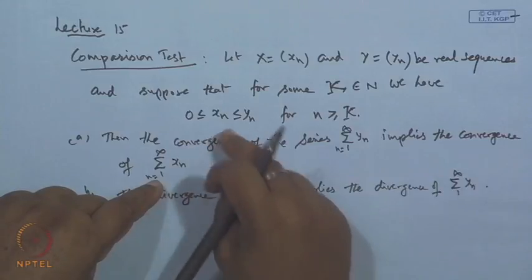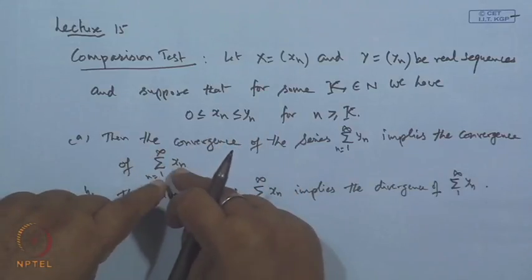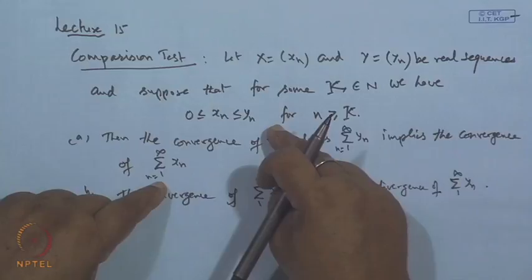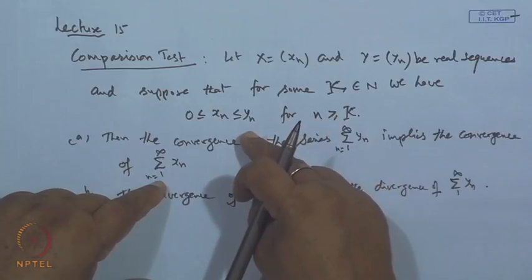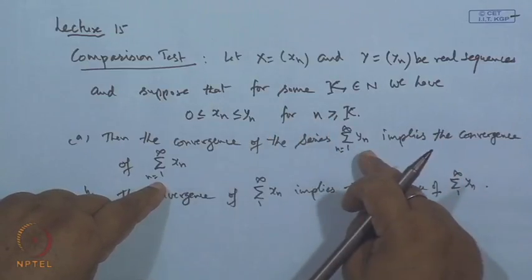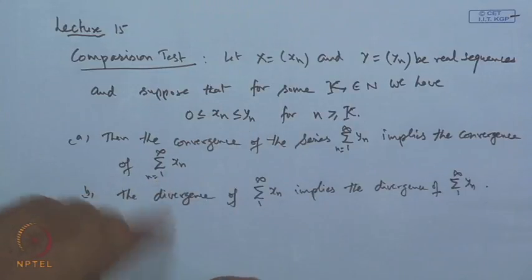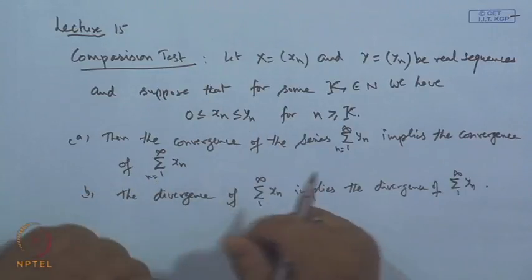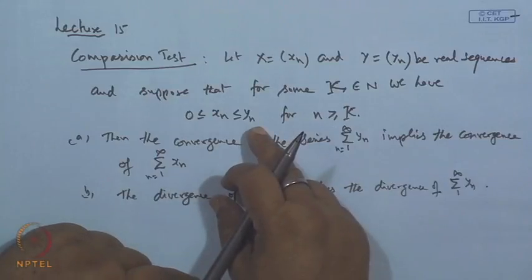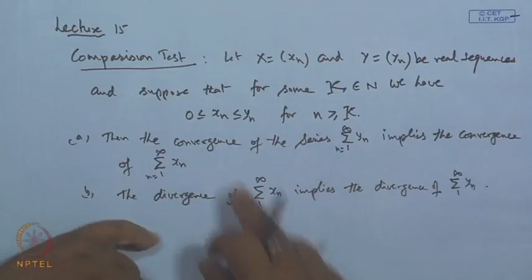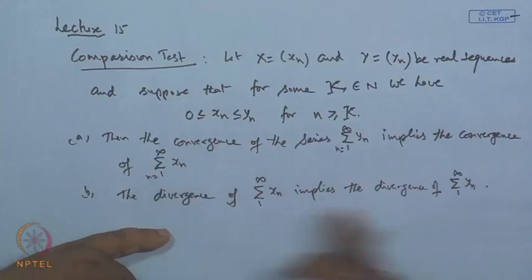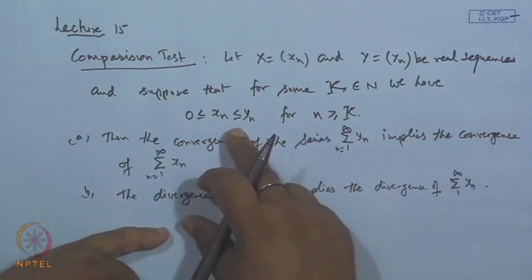It means that with the help of x n, if we find a suitable y n for which the nature of the series sigma y n is known, then one can easily establish the convergence of x n. And in case this relation is true, but the series sigma x n is diverging, then the divergence of y n will be there.